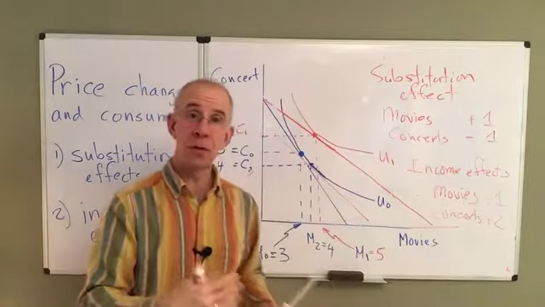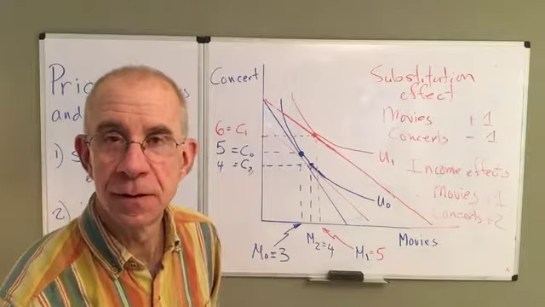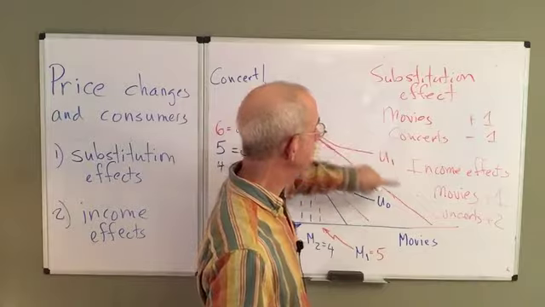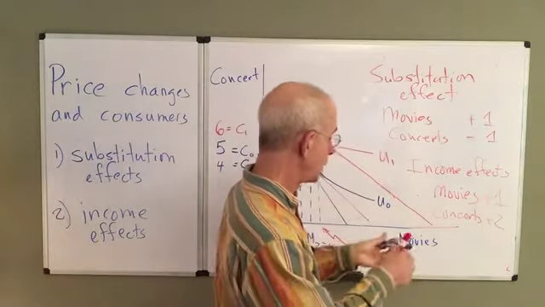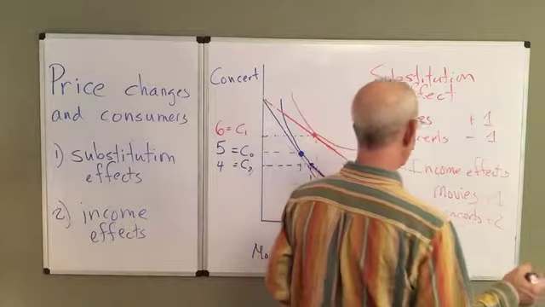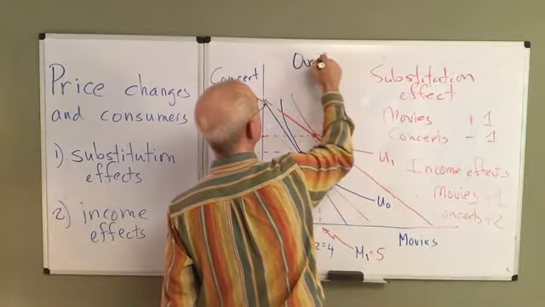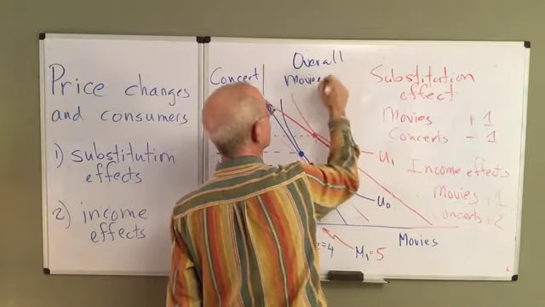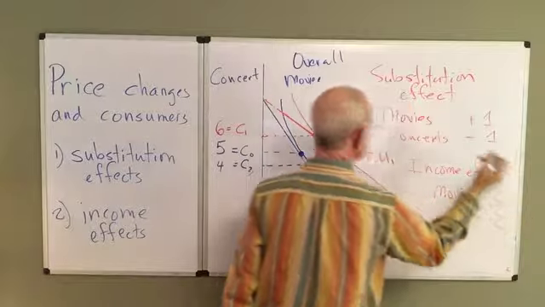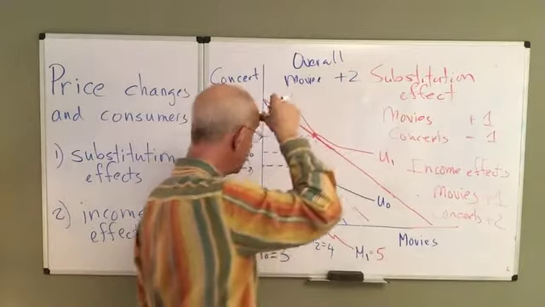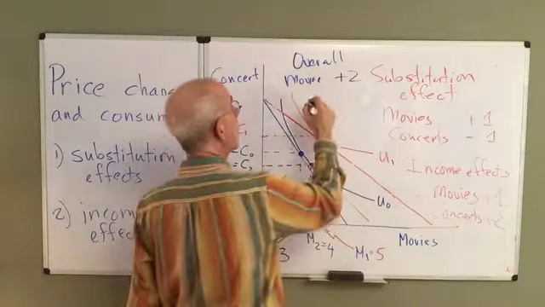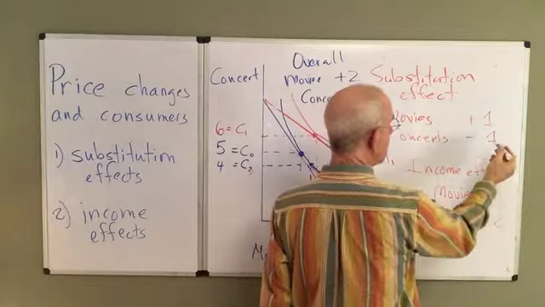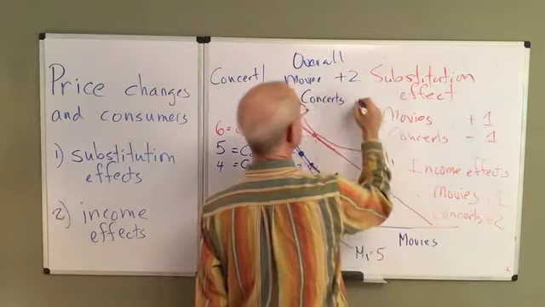If you look at the combination of these two effects, what is the overall effect? When we add up the movie effects, both the substitution and income effects, the overall impact for movies is +1 +1, an increase of 2, and for concerts, -1 +2.